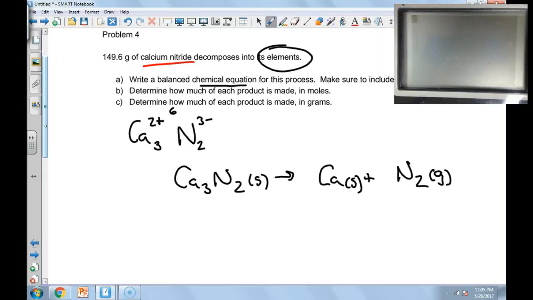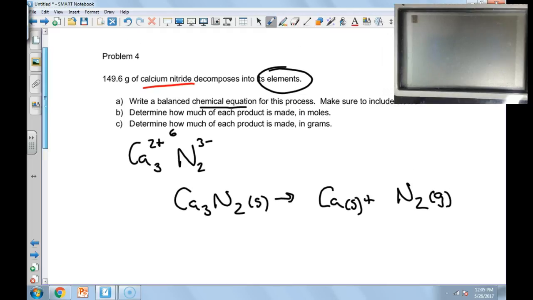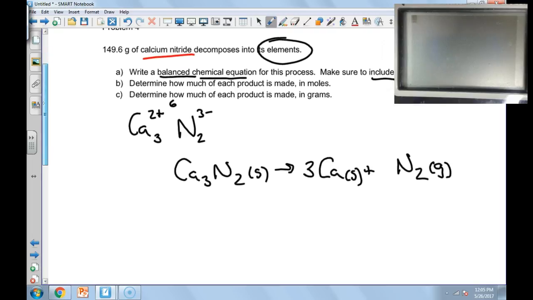Okay, so now we have included states, but now we need to balance the chemical equation. Okay, well, if we notice, nitrogen is already balanced. But now calcium, there's 1 calcium here, but 3 calciums there.